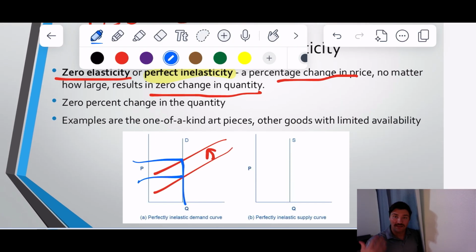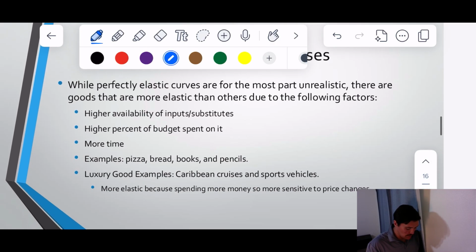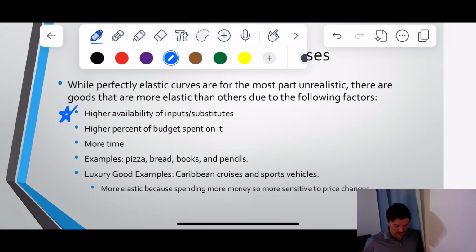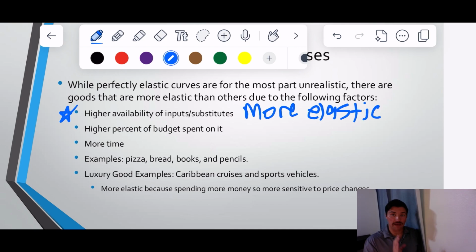Well, let's look at what makes something elastic or inelastic. If you have a higher availability of inputs or substitutes, you are more elastic. So let's go back to the medical goods example. Insulin is very specific, right? There's not a lot of substitutes out there.